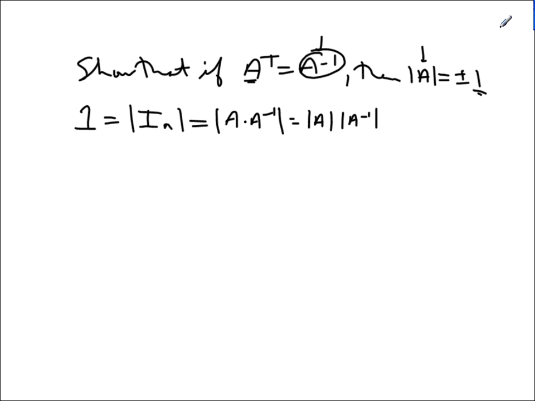I understand now. Okay. In this problem, A inverse is A transpose. But always, the determinant of A transpose is the determinant of A. So we have the determinant of A squared.